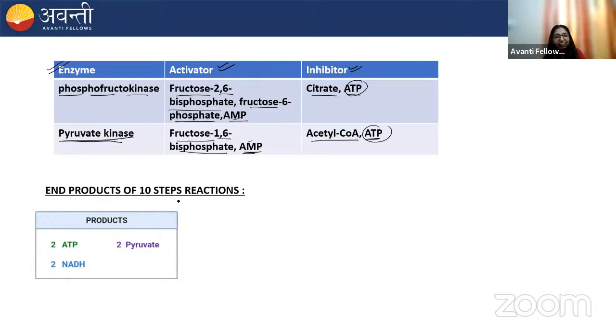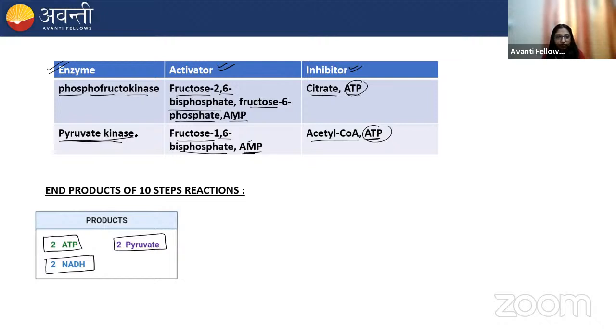The end product of the 10-step reaction is that 2 ATP are forming, 2 pyruvate are forming, and 2 NADH are forming. Generally, in glycolysis, 4 ATP are forming, but minus 2, because 2 are utilized in the preparatory phase.